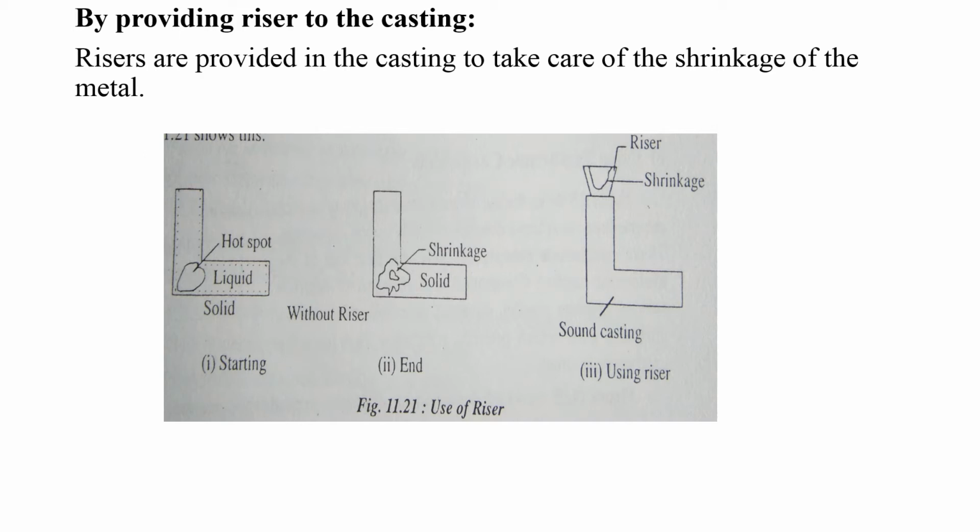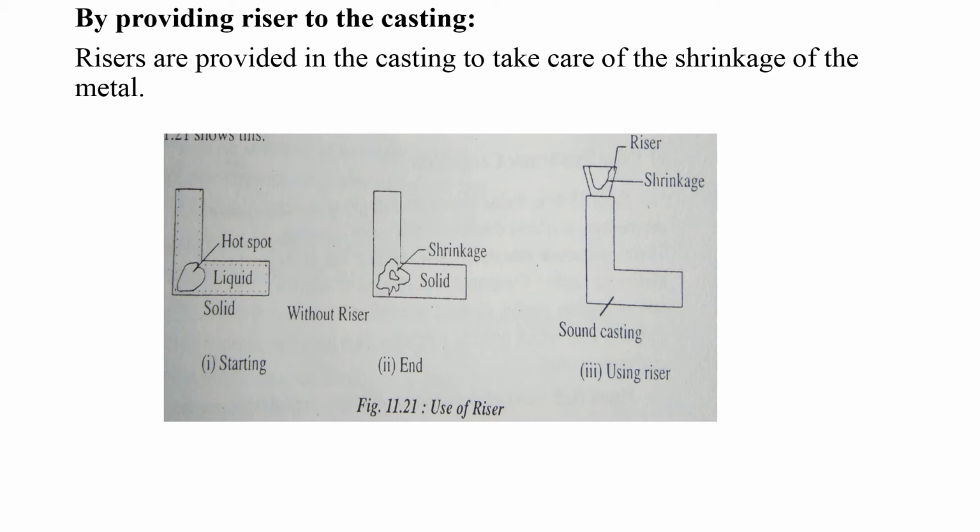The riser is also called a liquid metal storage tank or reservoir. At the time of solidification, a small amount of metal shrinks, so a small quantity of metal is required for the cavity and is supplied from the riser to the cavity to compensate for shrinkage.